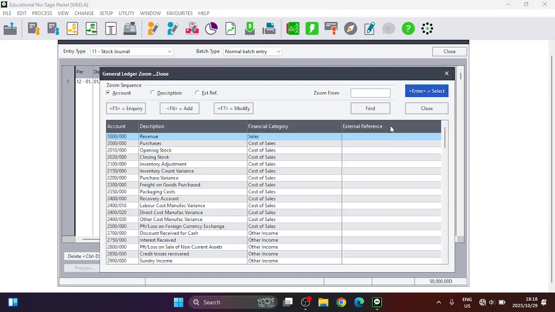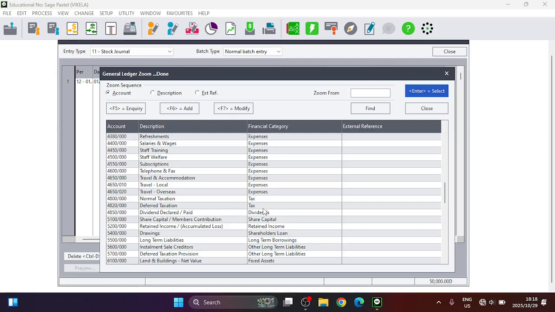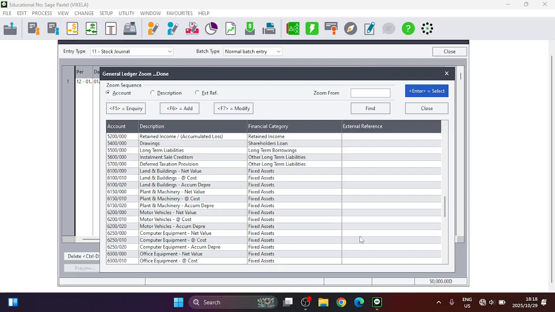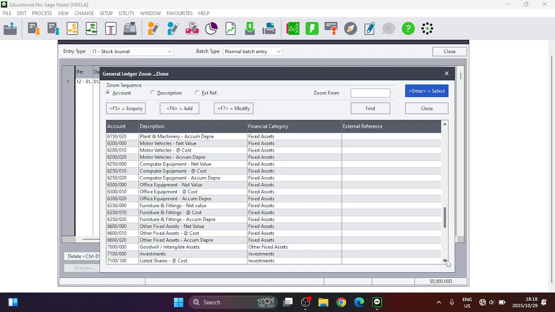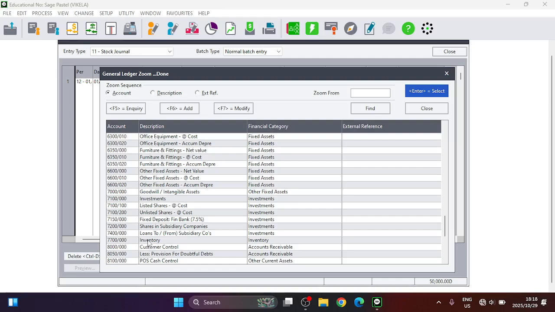I'm going to now find it. Remember, it's an asset, so it will be under assets somewhere at the bottom there. We're under fixed assets, but remember it's a current asset, so we're going to scroll down, and somewhere along the line we're going to find inventory.